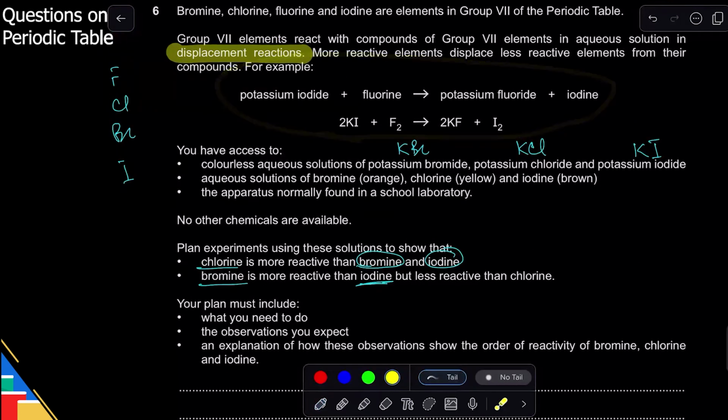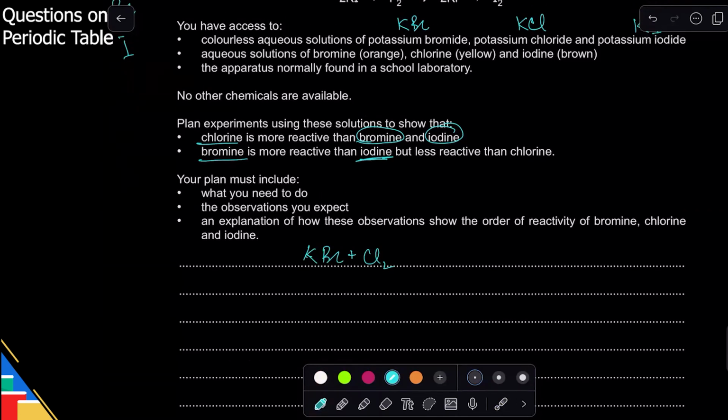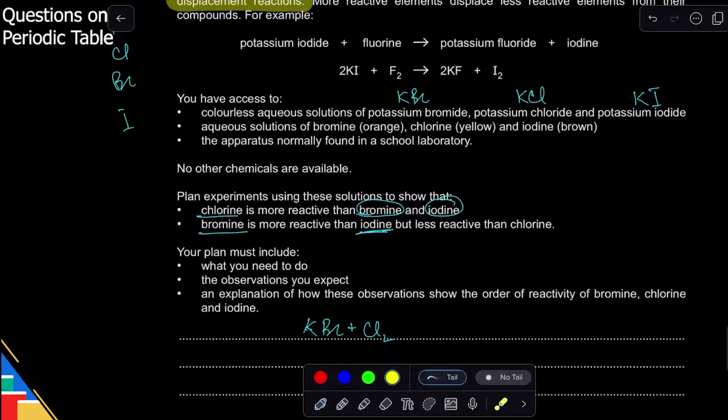Examiner gives you these hints so you can use them. So here we know fluorine is more reactive than iodine. How? Fluorine element was reacted with iodide and it replaced it. So if you want to show chlorine, you react chlorine with potassium bromide. Just like they have done here. Fluorine is more reactive than iodide. How? Fluorine element displaced it.